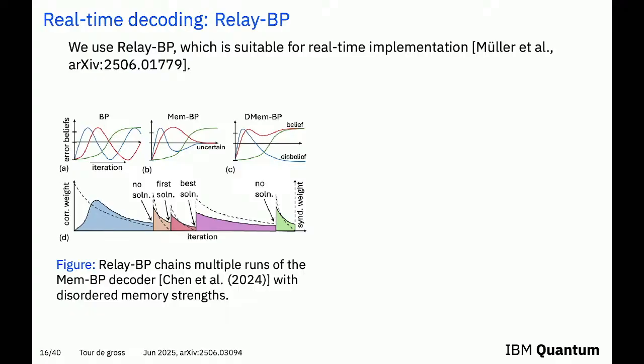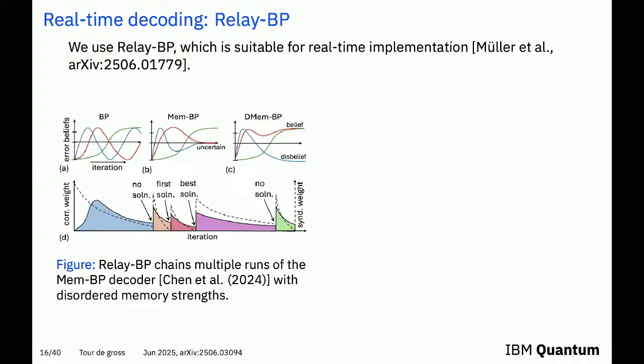Moreover, we do multiple runs of this decoding where we change the configuration of the memory terms. So with one configuration, we might not find the solution, but the next might find some solution. But then we pass it along to the next iteration, which could find a better solution or no solution at all.